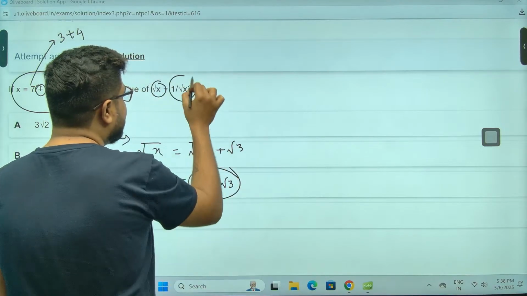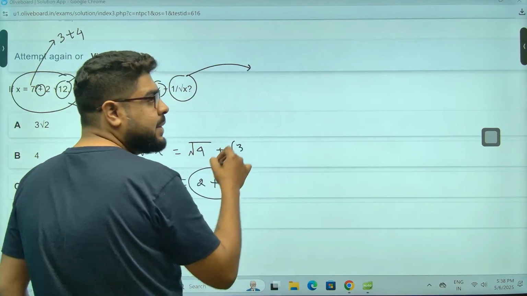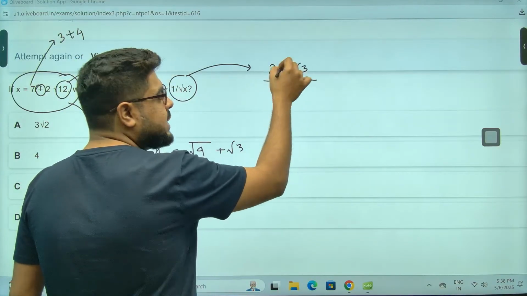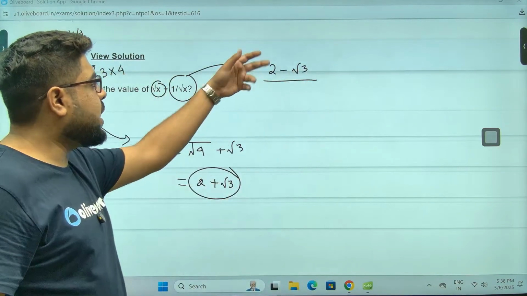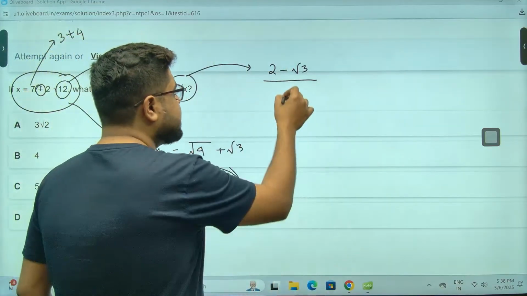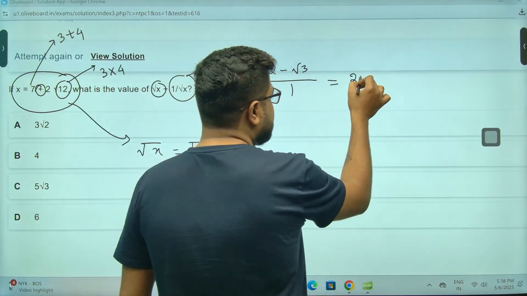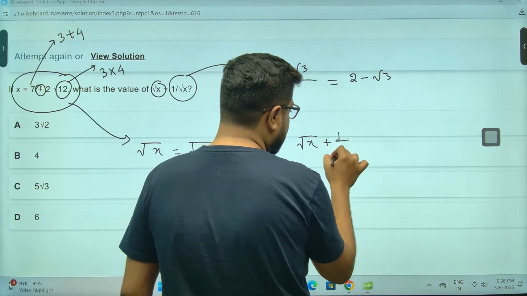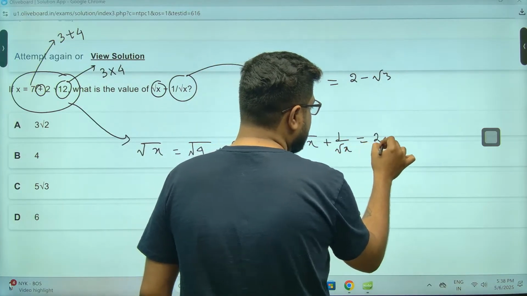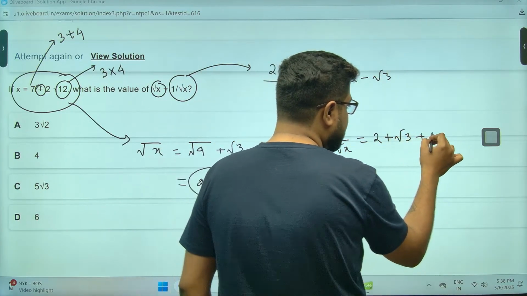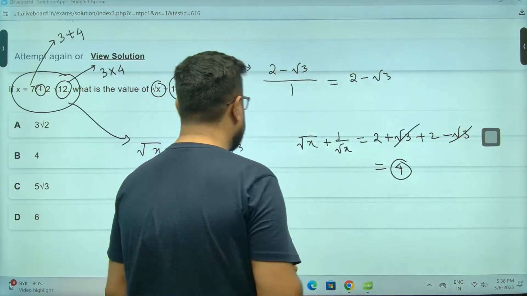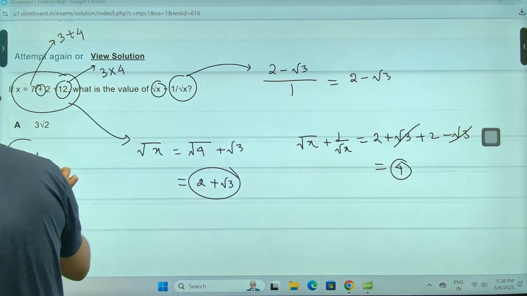So 1 by root x will be the complement: 2 minus root 3 divided by the difference of squares. 2 square is 4, root 3 square is 3. That means the difference is 1, so it is 2 minus root 3. So root x plus 1 by root x will be 2 plus root 3 plus 2 minus root 3. So the answer is 4, option number B. Done.